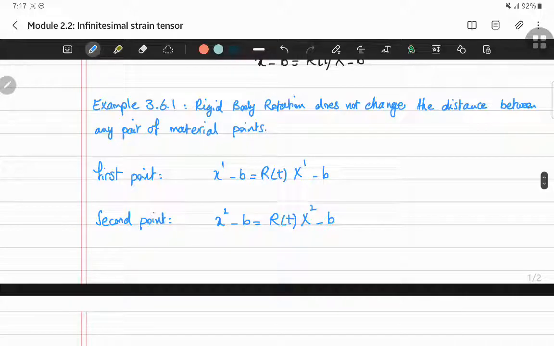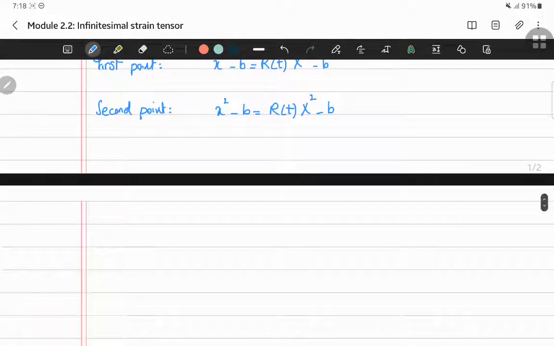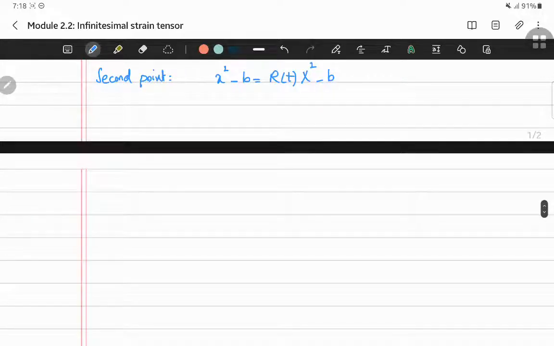Now, because of this rigid body rotation, the distance between any points in our configuration does not change.